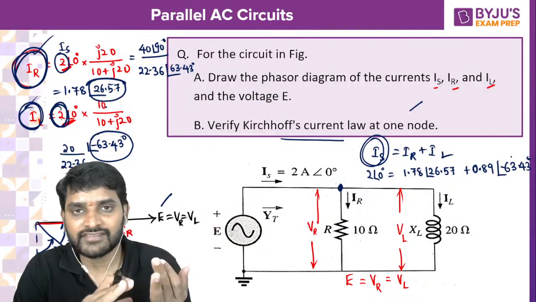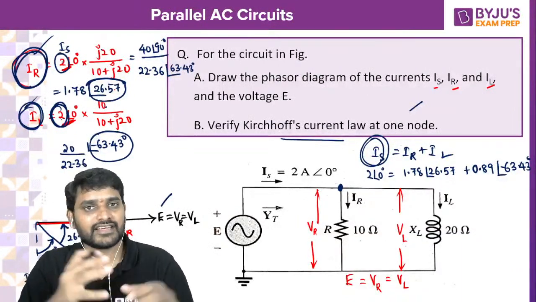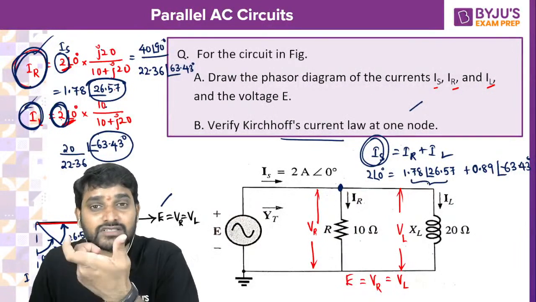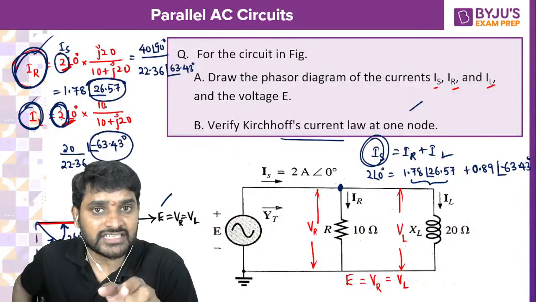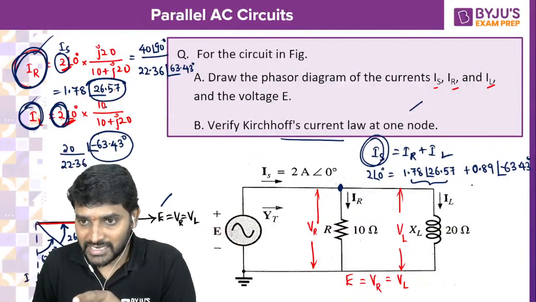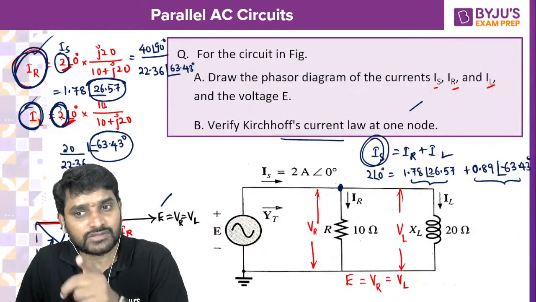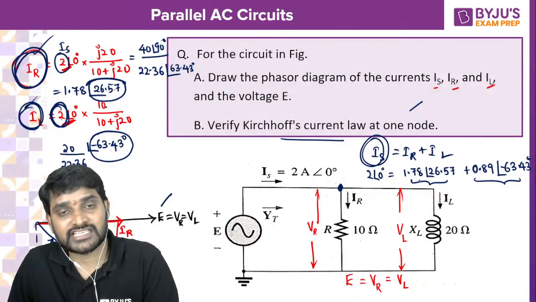As we do not have a scientific calculator, how to check this one? There is no option. You have to convert this into r cos theta format. R at an angle theta becomes r cos theta plus j r sin theta. Similarly here also, that is 1.78 into cos 26.57 plus j 1.78 into sin 26.57.